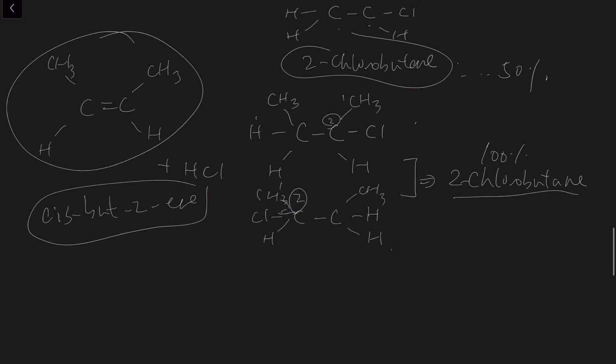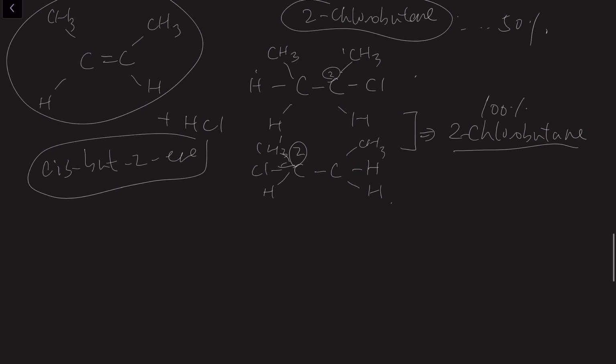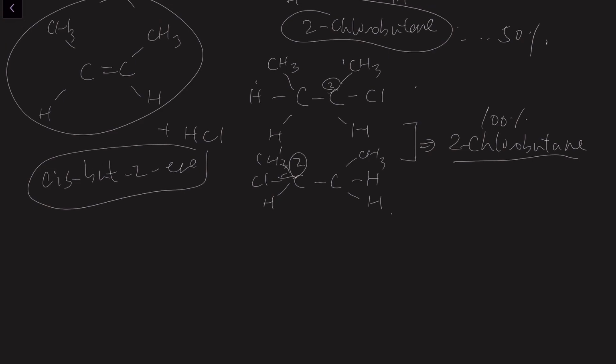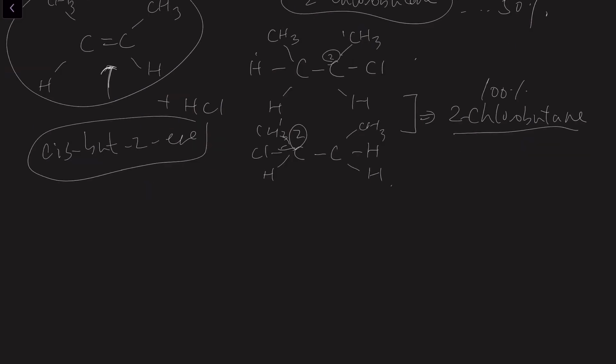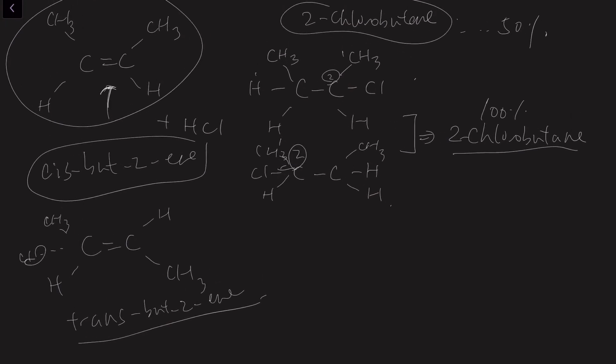If you choose your reactant correctly, there is no uncertainty. So if you only want 2-chlorobutane, you should start with the cis-but-2-ene. Of course, the trans arrangement also works well for this kind of reaction. You still get 2-chlorobutane in the end.